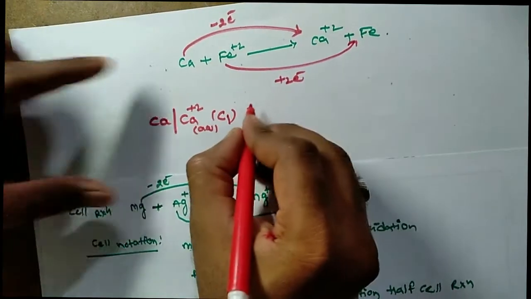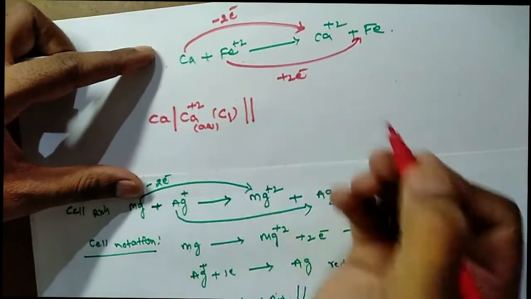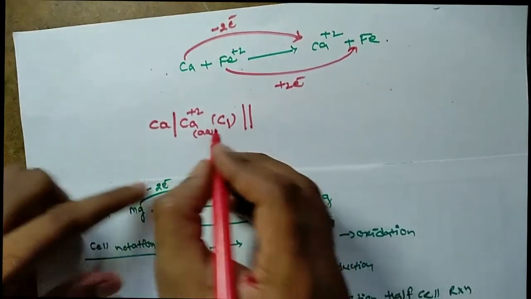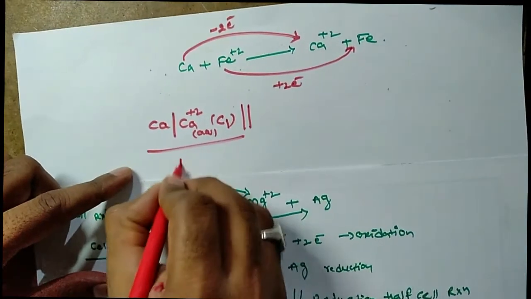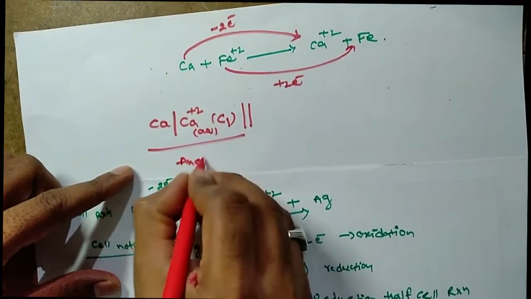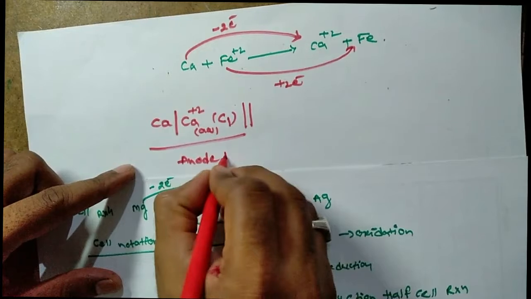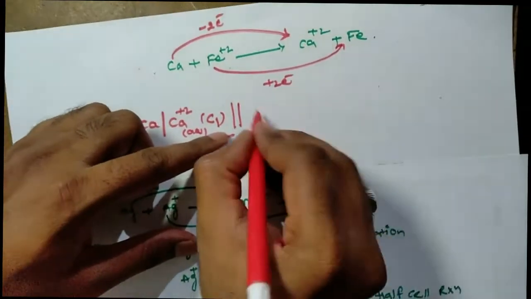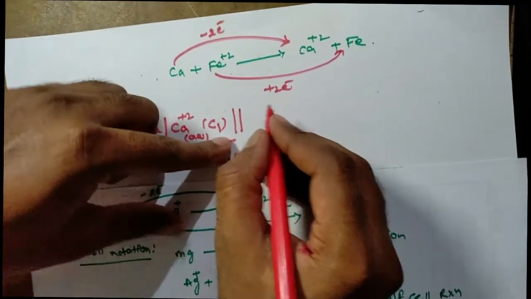Okay, next one, what do you write? Salt bridge, this is the salt bridge. The anode reaction is completed, the anode of the cell is completed. The next one, the salt bridge, then the cathode reaction. What is going on at the cathode?